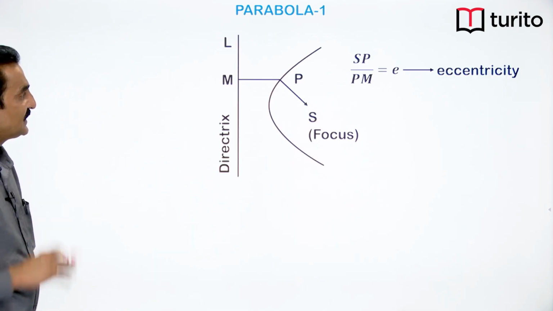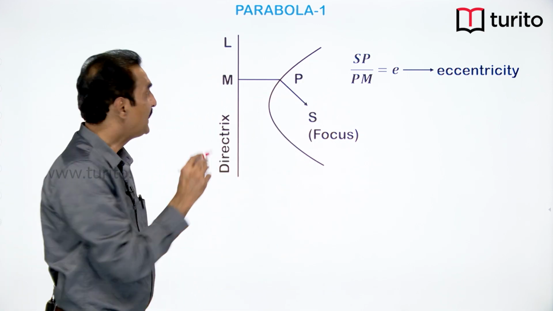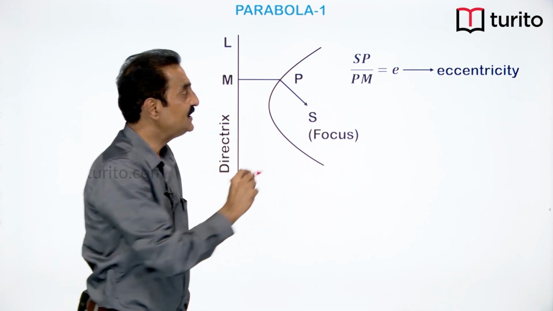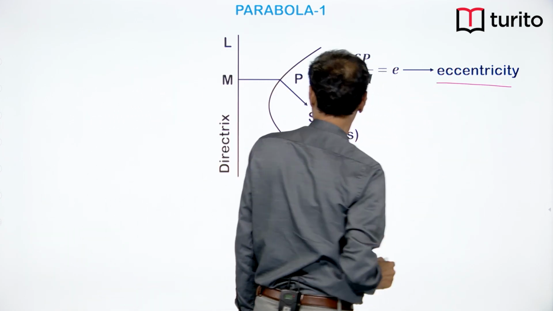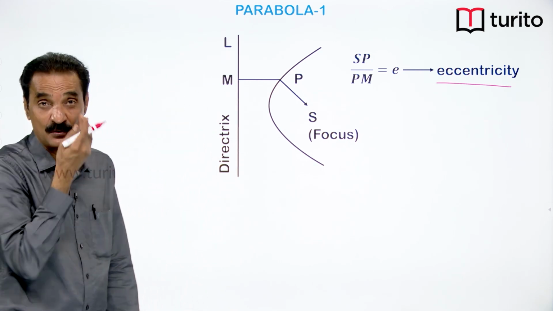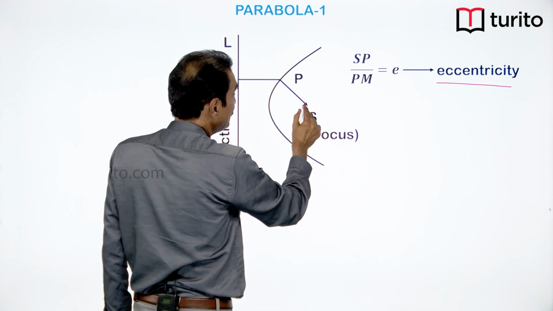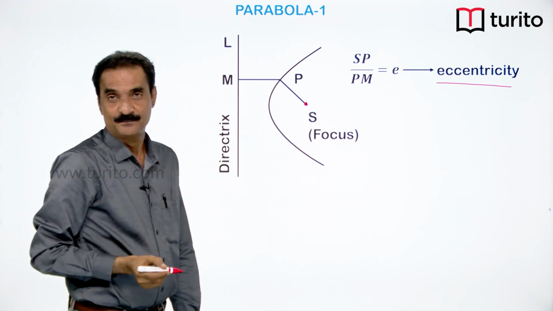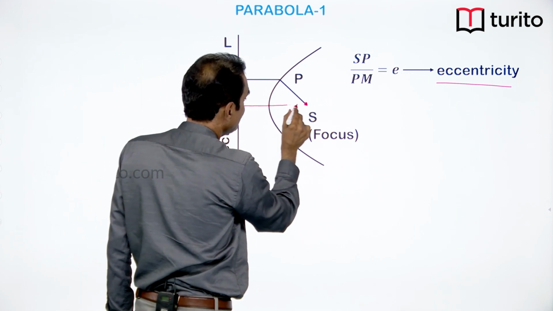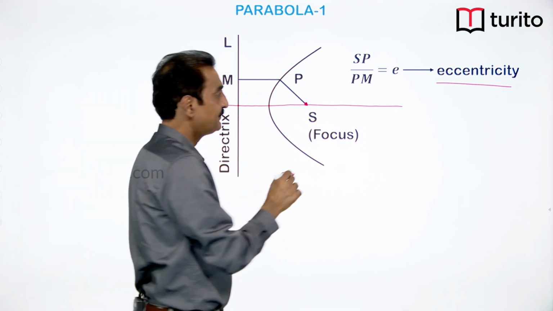Now, the same diagram, this is a conic, every point P moves such that SP by PM is a constant E which is called eccentricity. S is the focus and the fixed line is the directrix. Now, if you draw a line through the focus perpendicular to the directrix, that line is called axis of the conic.